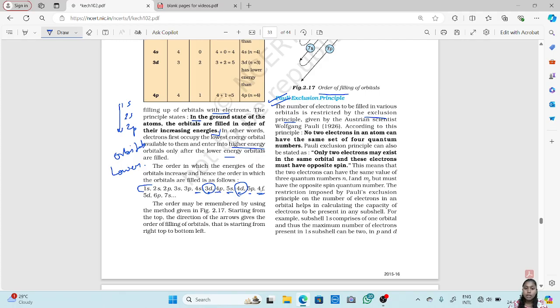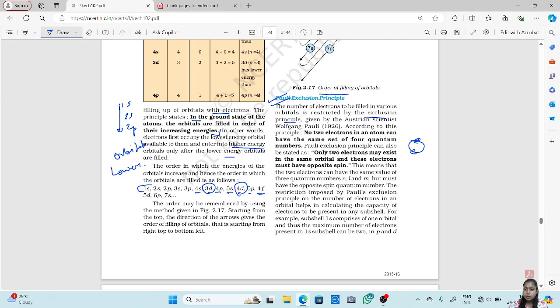According to this principle, no two electrons in an atom can have the same set of four quantum numbers. Or simply, only two electrons may exist in the same orbital. In one orbital, you can have two electrons coexisting only on one condition: both electrons should have opposite spin.